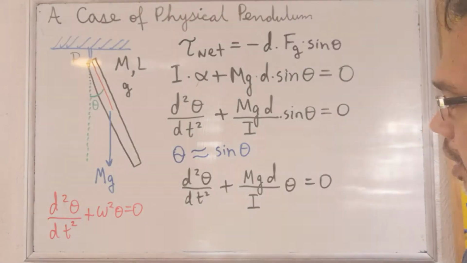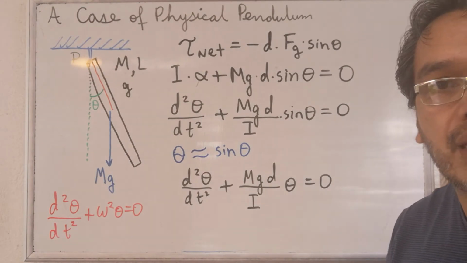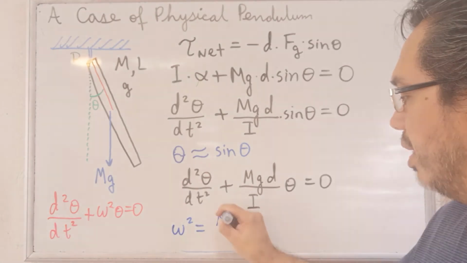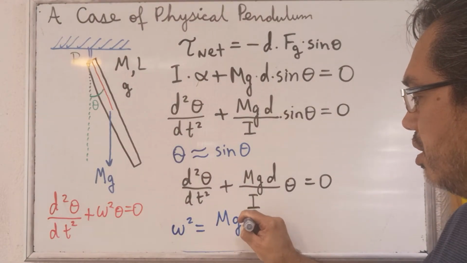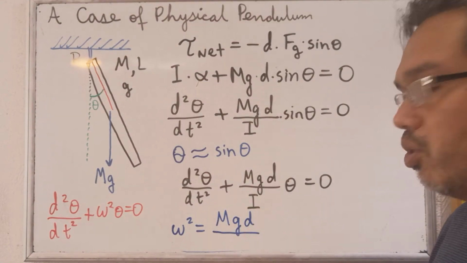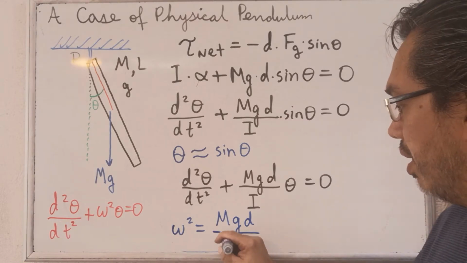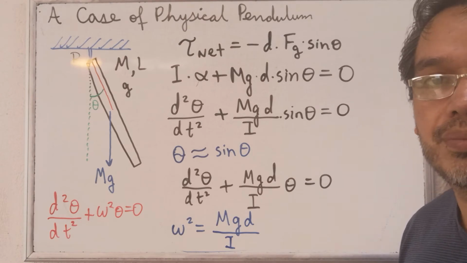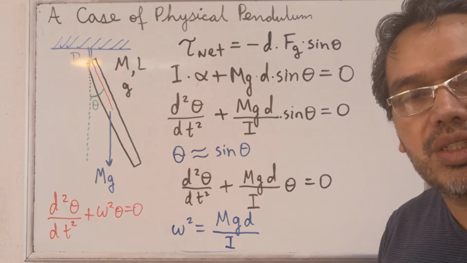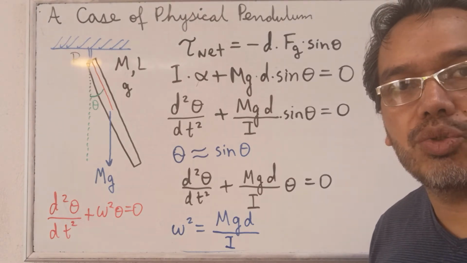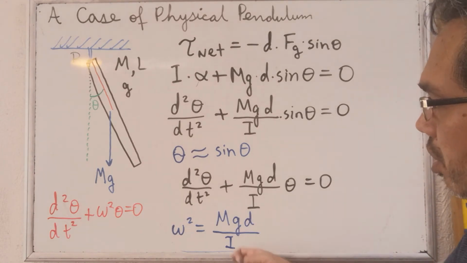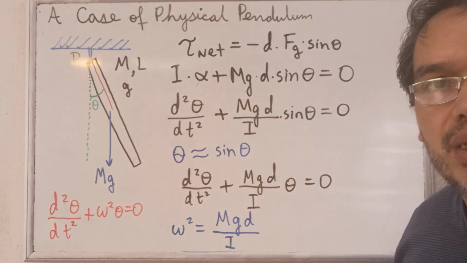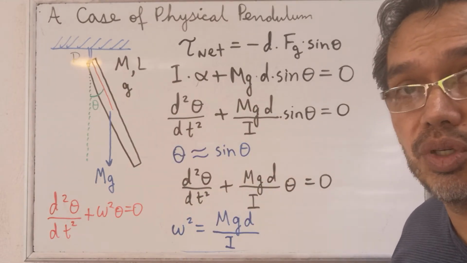Now, this of course means that you need to take your omega squared as the ratio: mass of the object times gravitational acceleration times the distance from the pivot point to the center of mass, divided by the moment of inertia about the pivot point. We want to do this specifically, so we want to take into consideration here the length L of the rod and the moment of inertia of this rod about one endpoint.